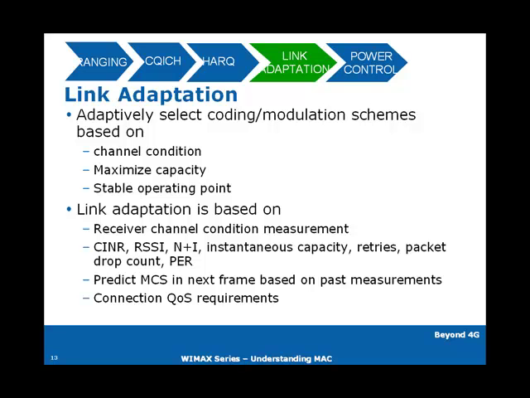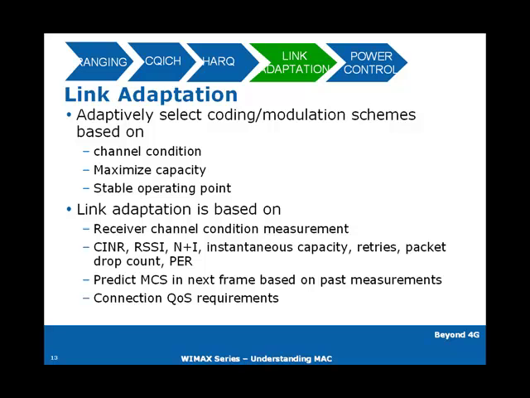On slide number 13, automatic link adaptation is one of the methods which is supported in mobile WiMAX MAC, and link adaptation is based on channel conditions, and it also maximizes the capacity of a sector or a base station, and also stabilizes the link operation.